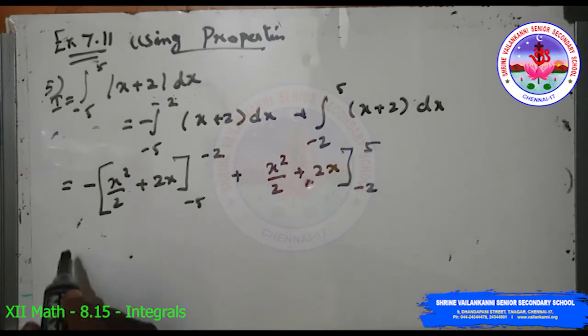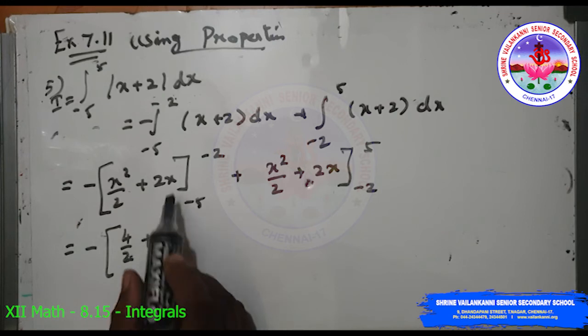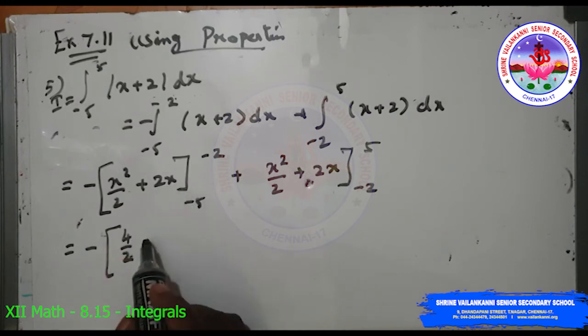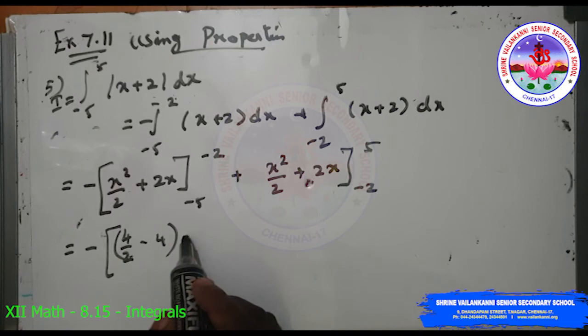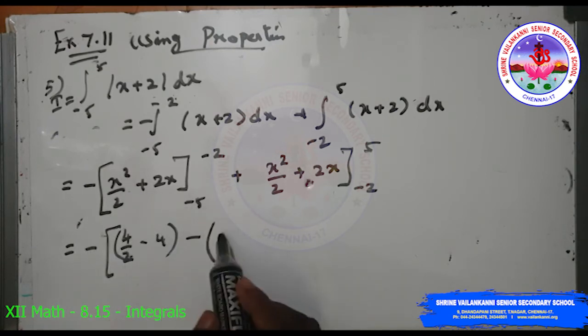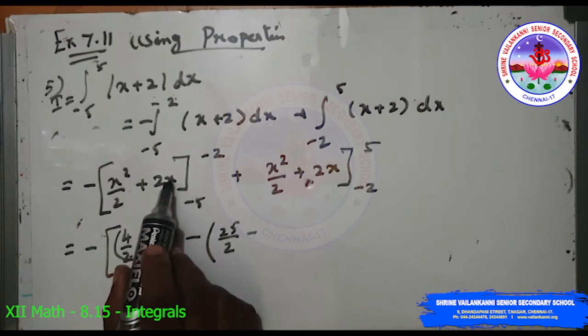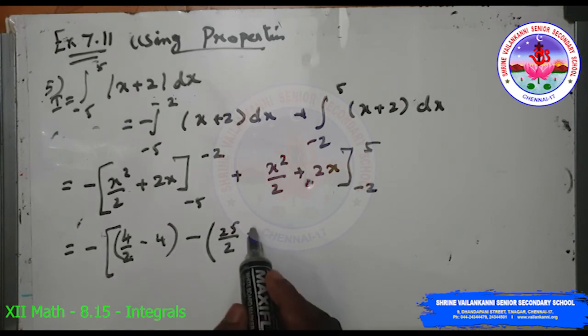So upper limit minus lower limit, which is equal to minus of, minus 2 whole square is 4, so 4 by 2 plus 2 into minus 2, so minus 4. Upper limit minus lower limit. So minus 5 whole square is 25 by 2 minus 2 into minus 5, minus 10, so minus into minus plus 10.